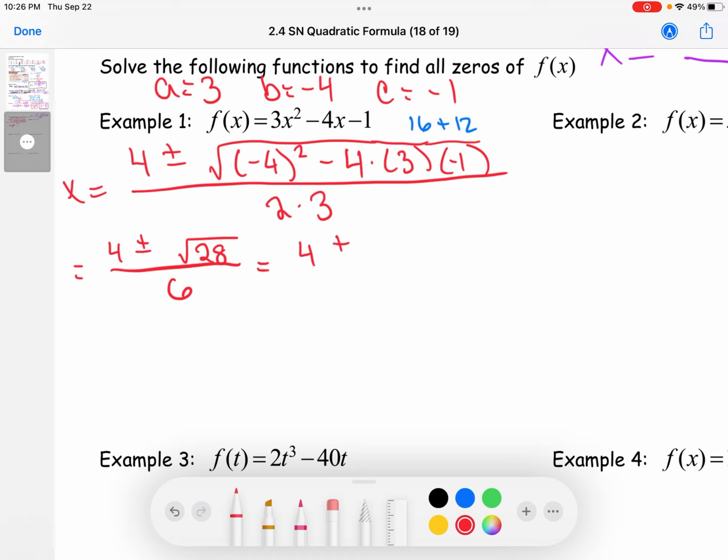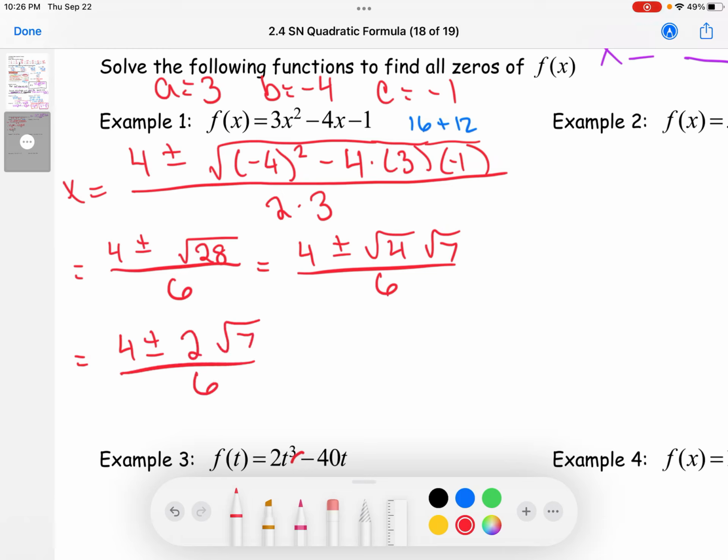Now, simplify that 28. We get 4 plus or minus square root 4, square root 7, all over 6. Then 4 plus or minus the square root of 4 is 2, square root 7, all over 6.